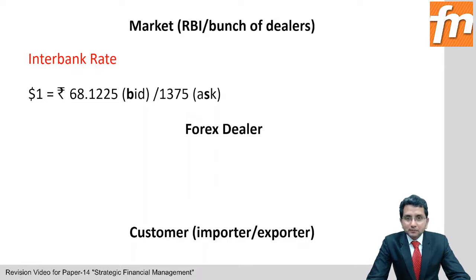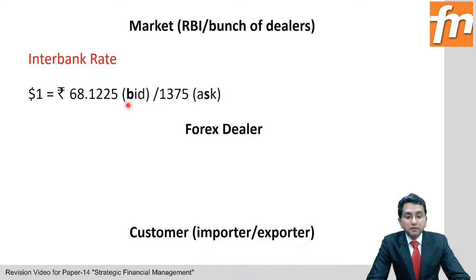See, sometimes students get confused, and that's why I have explained it. I'll explain it in two manners. The smaller rate is the bid rate, B for bid and B for buying. This bigger rate is ask, and S for selling, right?